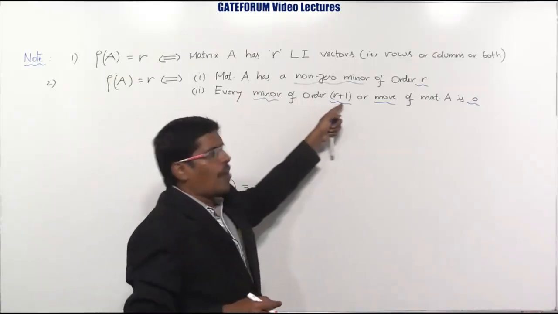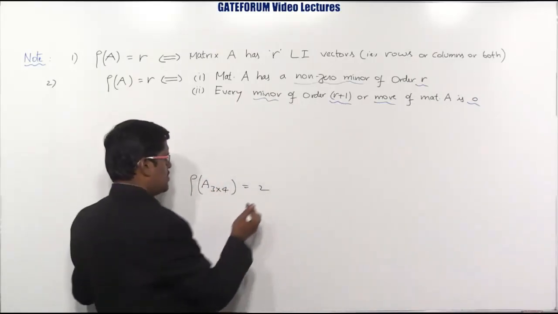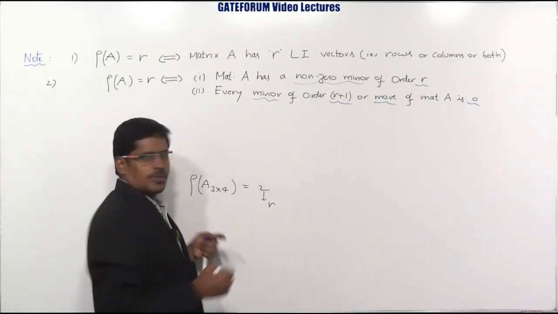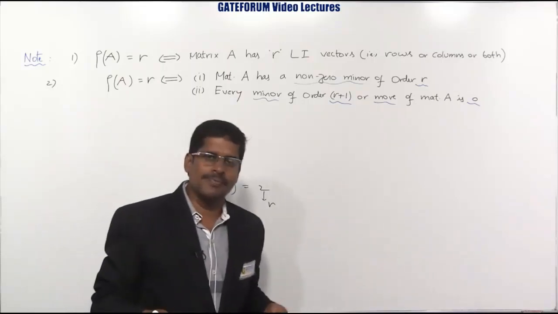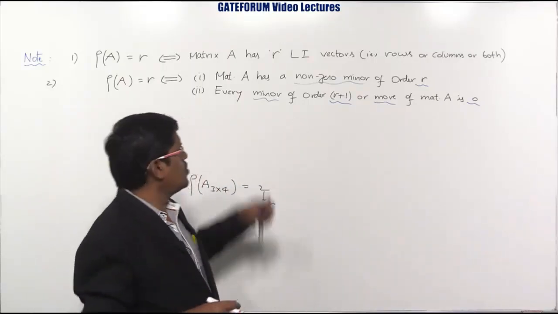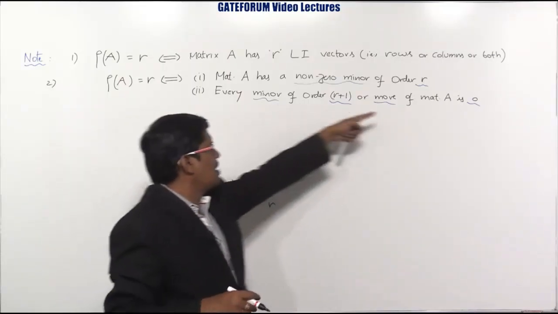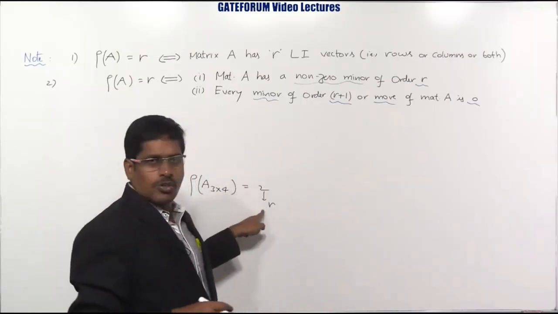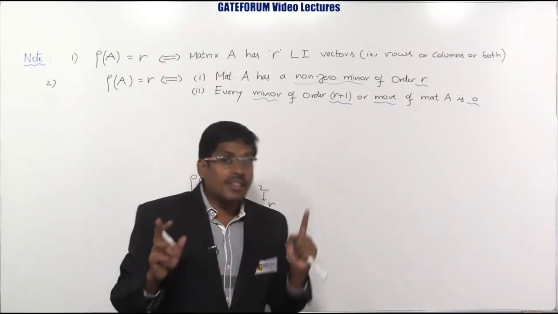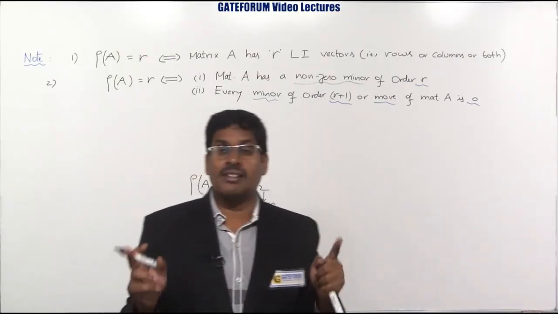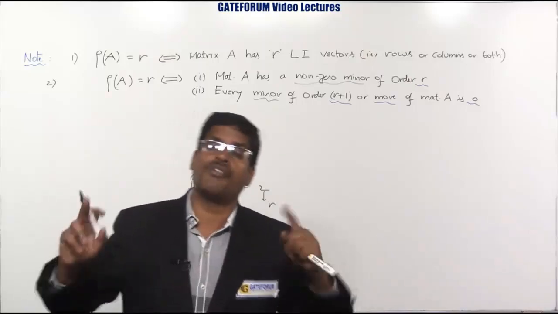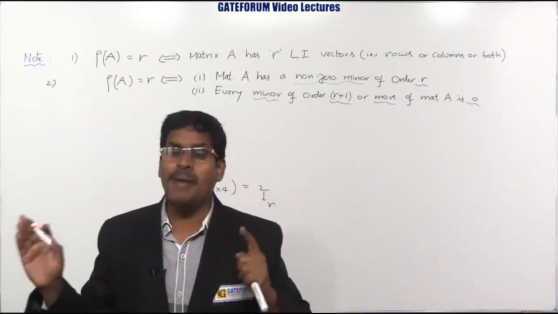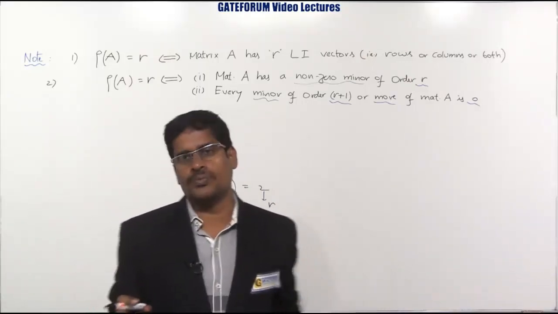Next, every minor of order R plus 1. For example, here R value is 2. What is R plus 1? 3. And more means 4, 5, etc. So in the main matrix A, if rank A is equal to 2, then every 3 cross 3, 4 cross 4, 5 cross 5 submatrix, if it exists, has determinant 0.